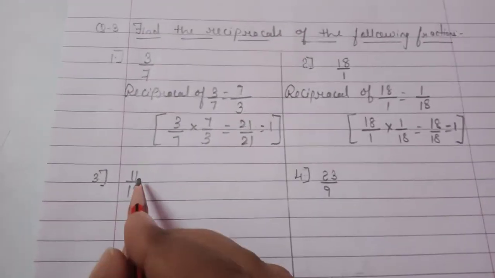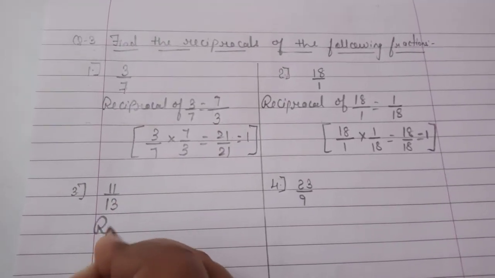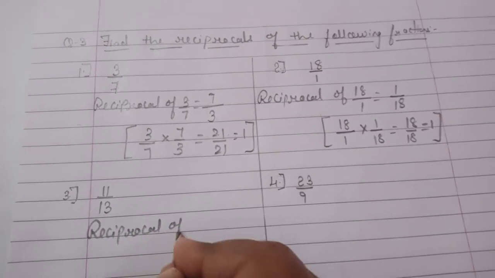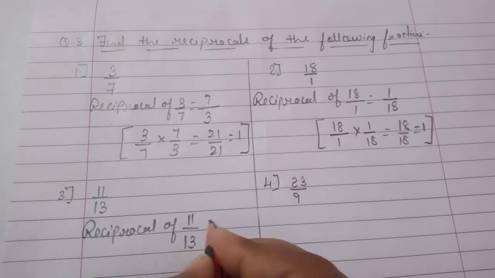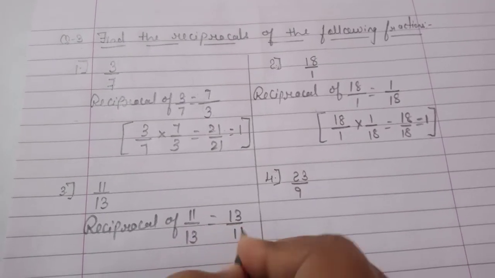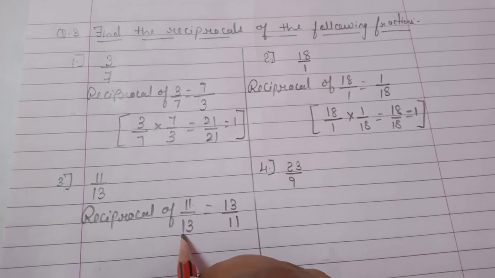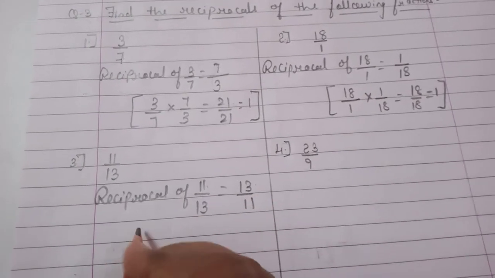Now number 3, 11 upon 13. So reciprocal of 11 upon 13 is equal to 13 upon 11. It will change. Numerator becomes denominator and denominator becomes numerator.